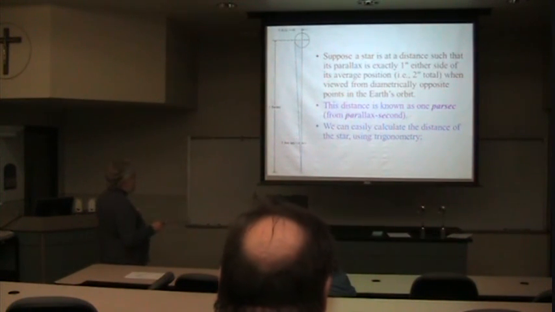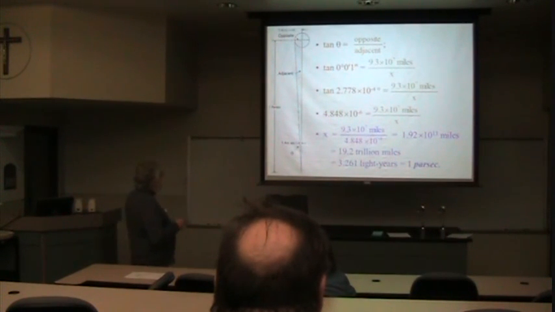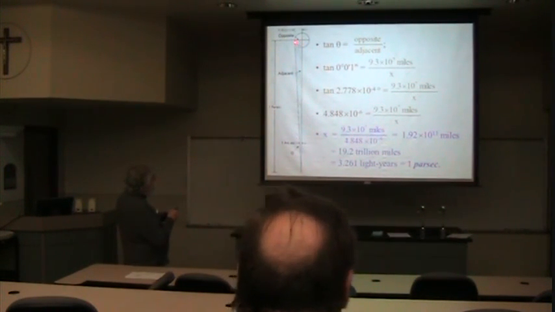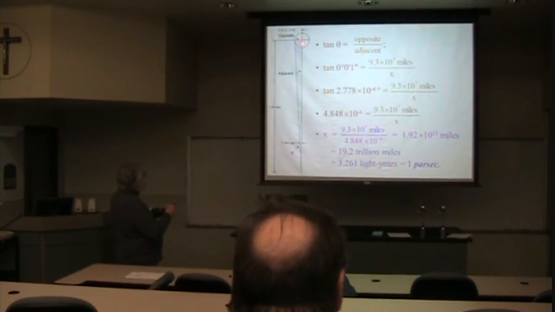We can see how far away that would be just using standard trigonometry. Here's our angle of 1 second of arc. Here's our opposite side of 93 million miles, the radius of the Earth's orbit. So the tangent is this side over this side. We can solve for the distance to that star, and it turns out to be 19.2 trillion miles.